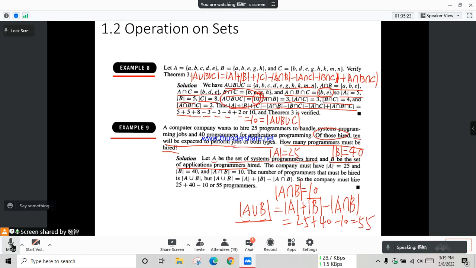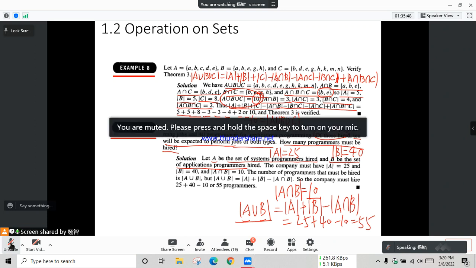So we must at least have 15.5 workers for this job.